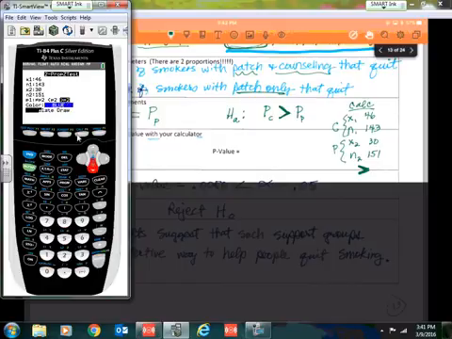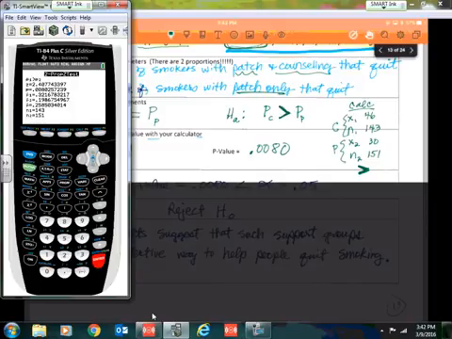Once I get done with that, I will arrow down to Calculate. From that, these top two numbers are the ones you're interested in. Your z-score is 2.41, and your p-value is 0.0080.